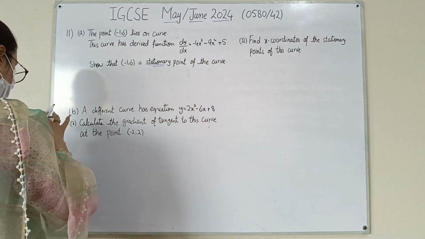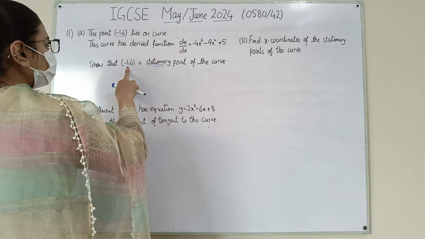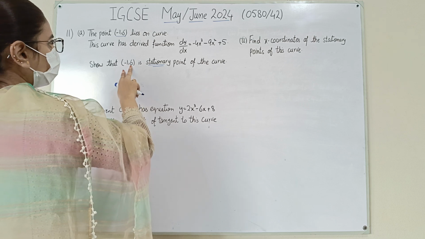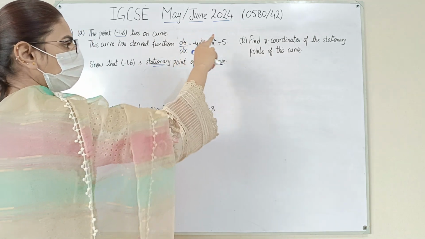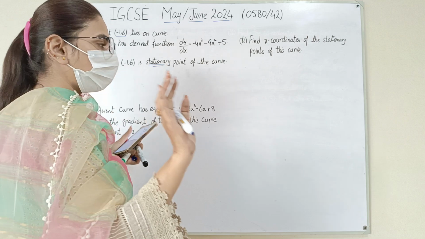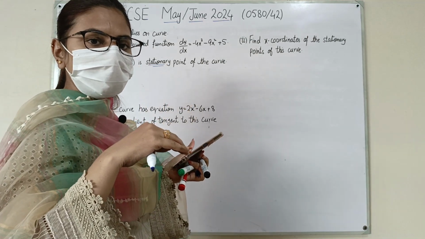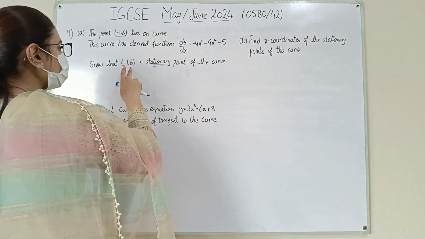In order to show that this point is a stationary point, you have to put this point in the right hand side of this equation and show that the derivative is equal to 0. If the derivative is equal to 0, then the point is a stationary point, otherwise it will not be a stationary point. So simply substitute this value over here.